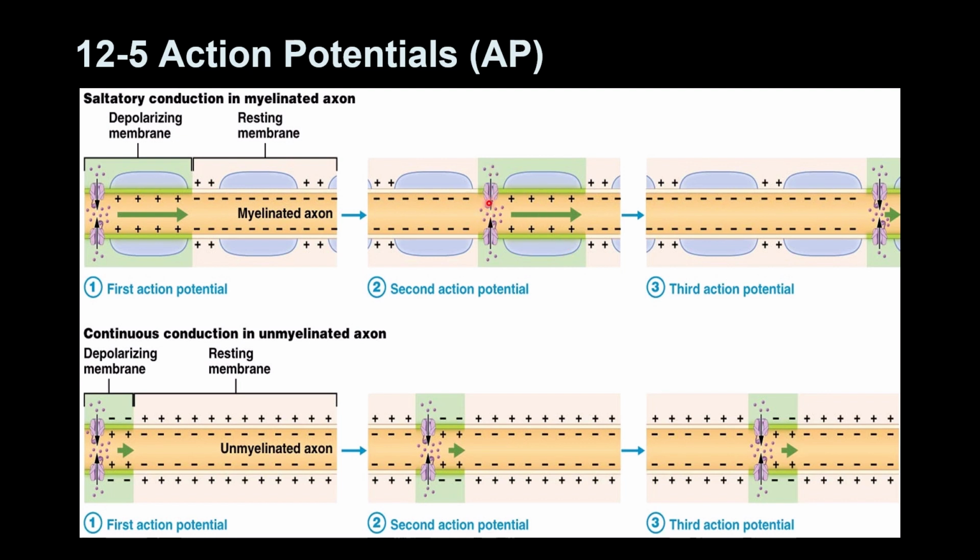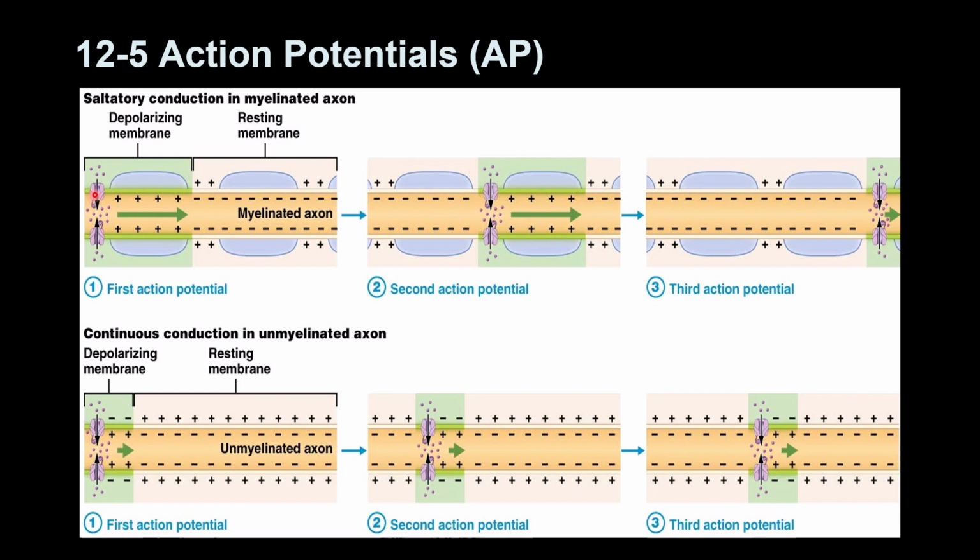So this channel will now open up, and this area becomes more positive, but these ions cannot leave the cell. And then it jumps from this area all the way to this area. Now this area should have another channel. So then this will activate, it goes to another one. So this will happen throughout the axon.